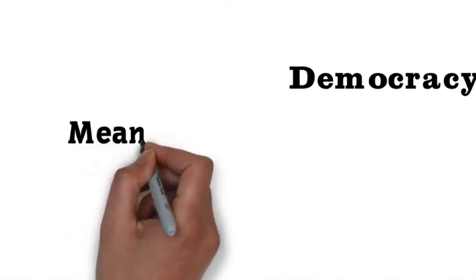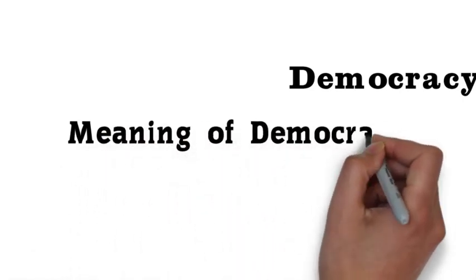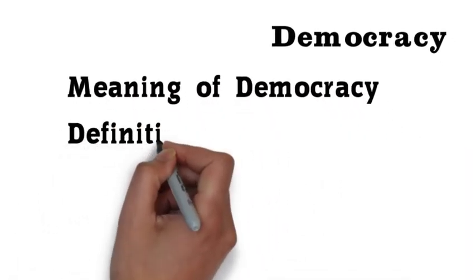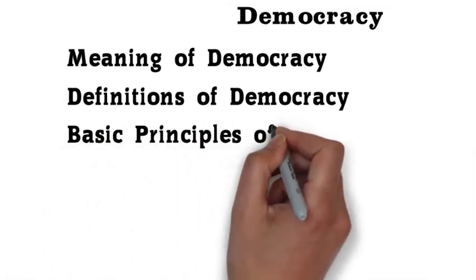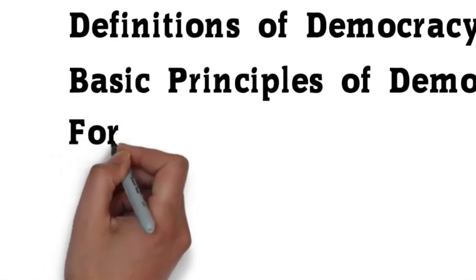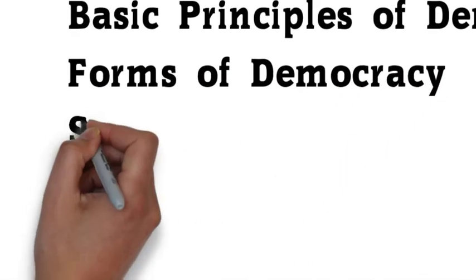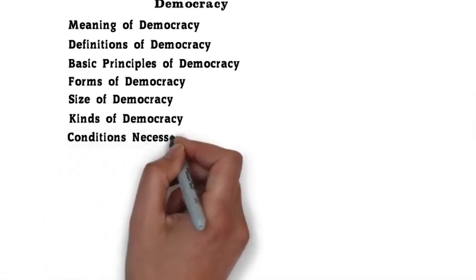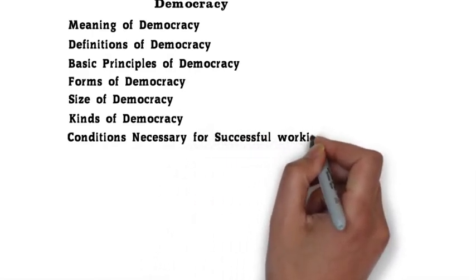First, we will try and understand the meaning of democracy, then definitions of democracy, followed by basic principles of democracy, then forms of democracy, size of democracy, kinds of democracy, and last we will discuss the conditions necessary for the successful working of democracy. So this would be a framework for understanding democracy in detail.